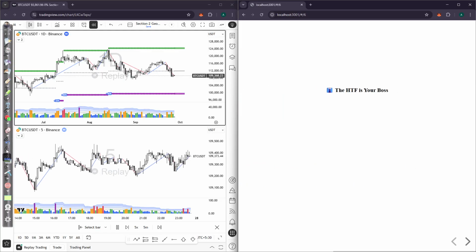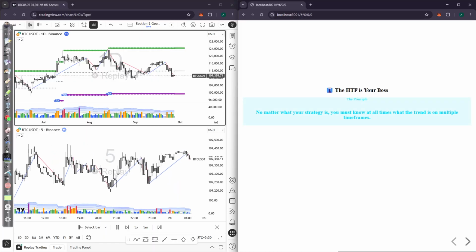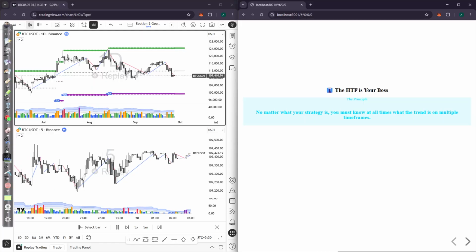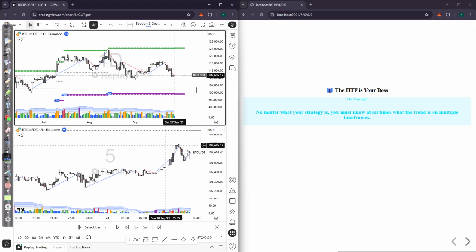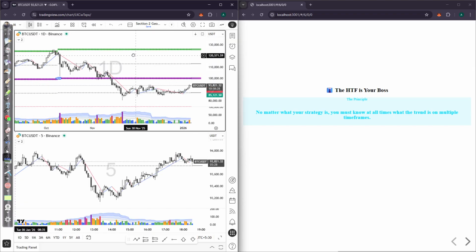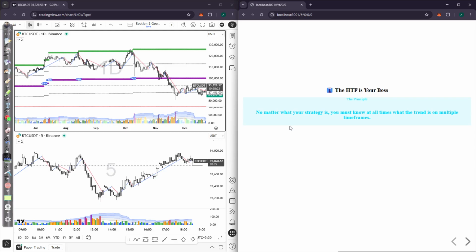All right. So the HTF is your boss. Okay. The principle is no matter what your strategy is, you must know at all times what the trend is on multiple time frames. Okay. So as I showed you here in the example, when the market was here, what it's saying is that no matter what your strategy is, you must know at all times what the trend is on multiple time frames.